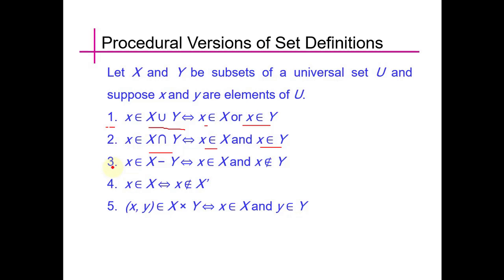So in the third property we see the difference of two sets. We say x is a member of the difference of two sets if and only if x belongs to capital X and x does not belong to Y. If x belongs to X, then x does not belong to its complement and vice versa.